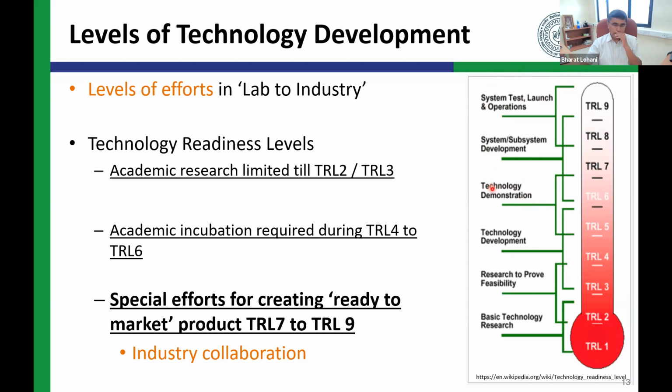Now we have to create ready-to-market technology: how to take it to the market, what will be the costing, why people will buy it, what the competition is, and many other things come into the picture. So TRL 7 to TRL 9 requires very special emphasis, which should be enabled by academic institutions, again through the incubation environment, or, if we are not going for a startup, we should collaborate with industry so that the prototype demonstration we have done can be taken to industry, working with them in TRL 7 to TRL 9.